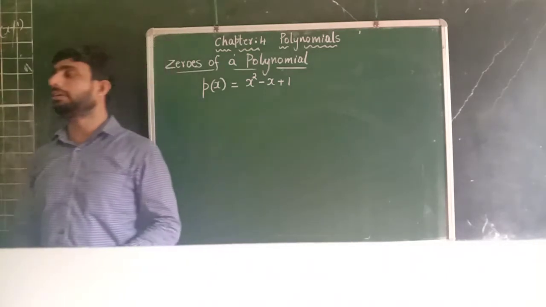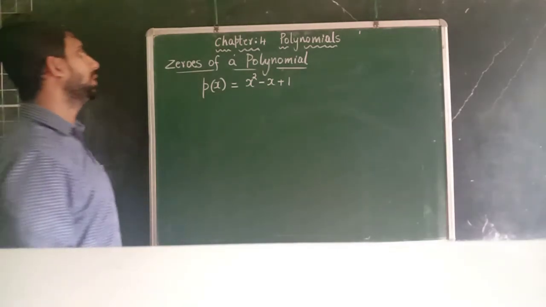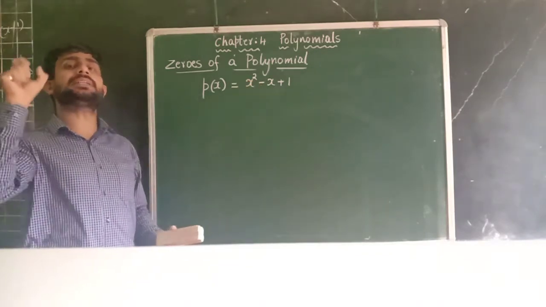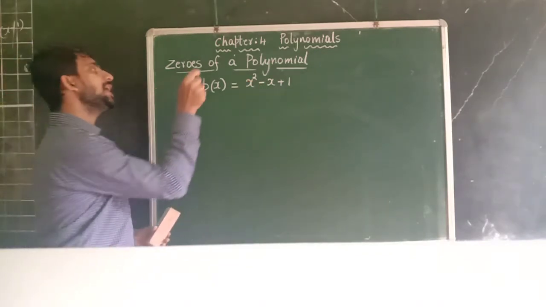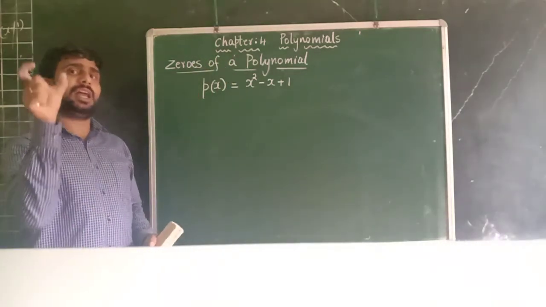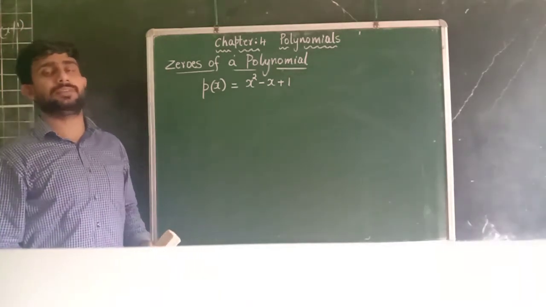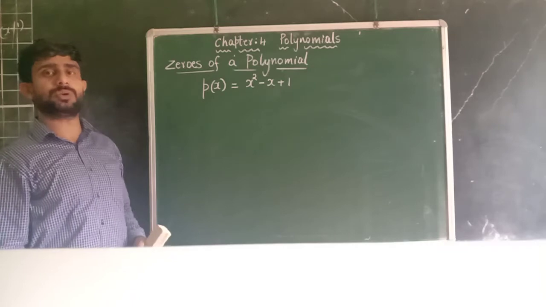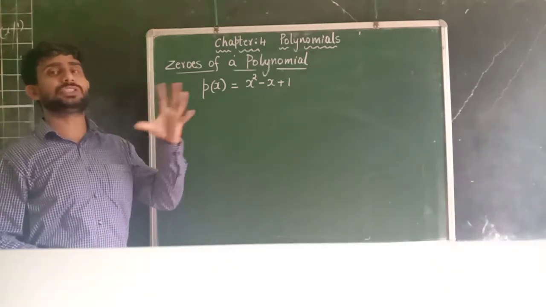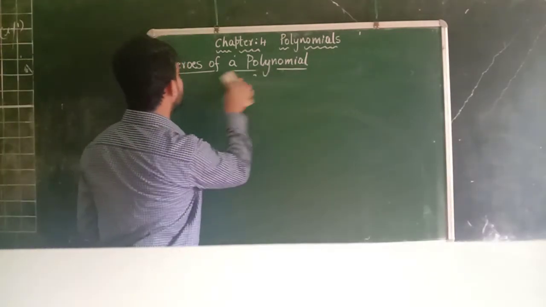If I assign some value to this variable, and then the value of the polynomial becomes 0, then that given value is called a zero of the polynomial.